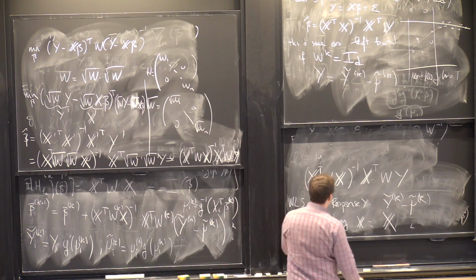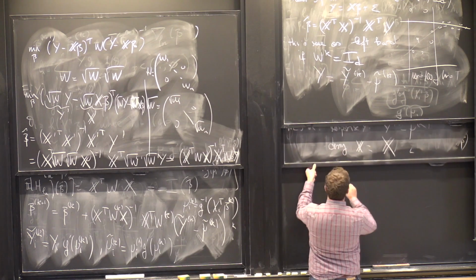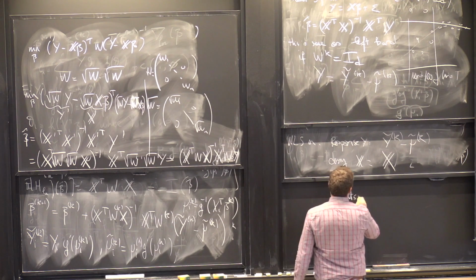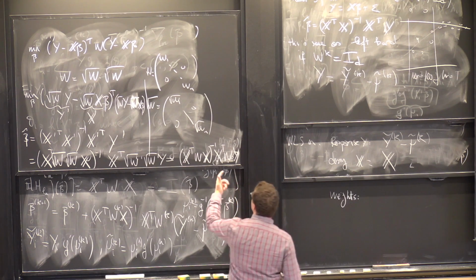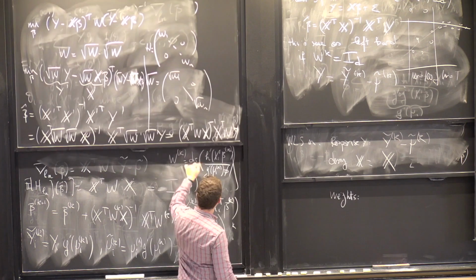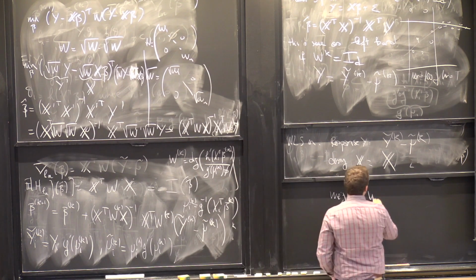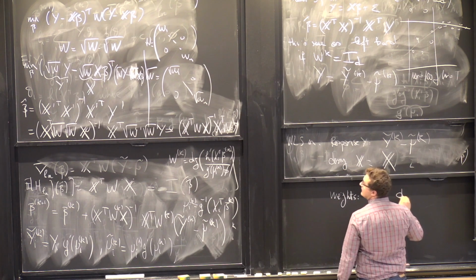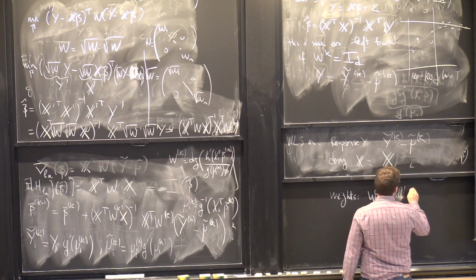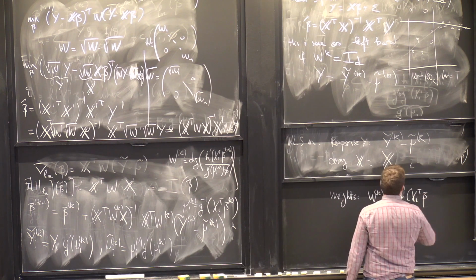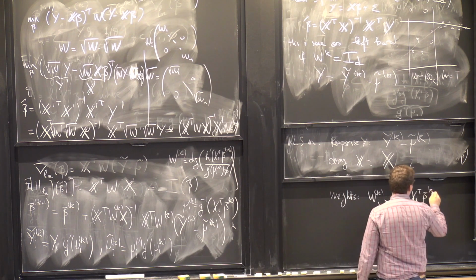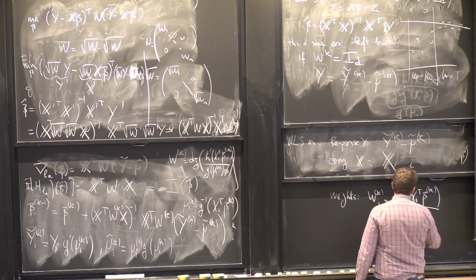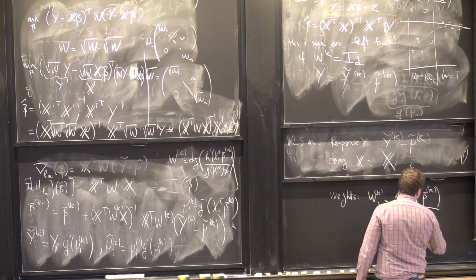And the weights, so the weights are what? The weights are the w k that I had here. So w k i is h prime of x i transpose beta k, divided by g prime of mu i at time k times phi.